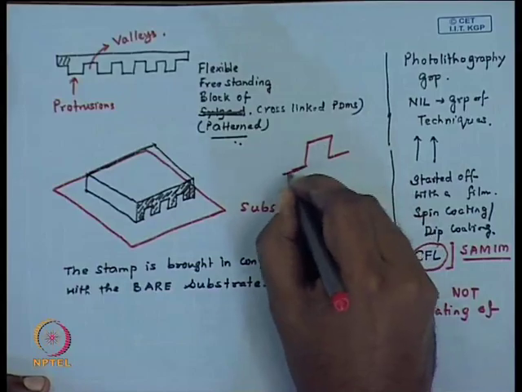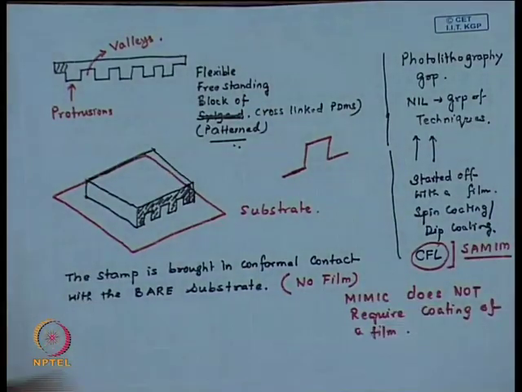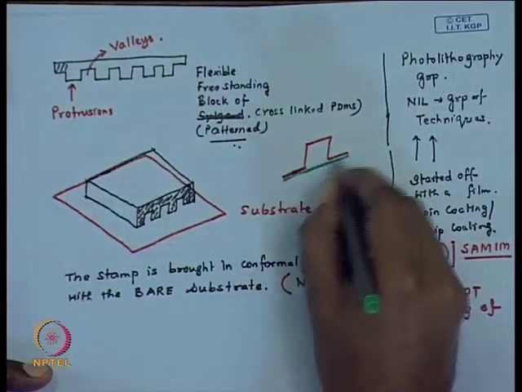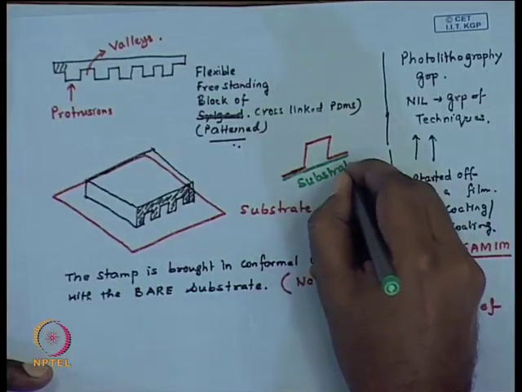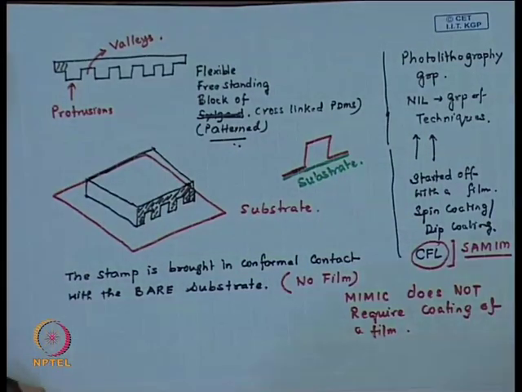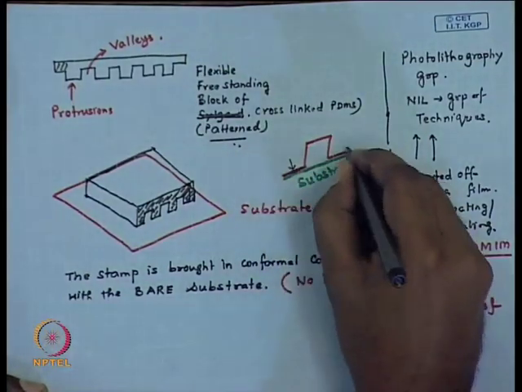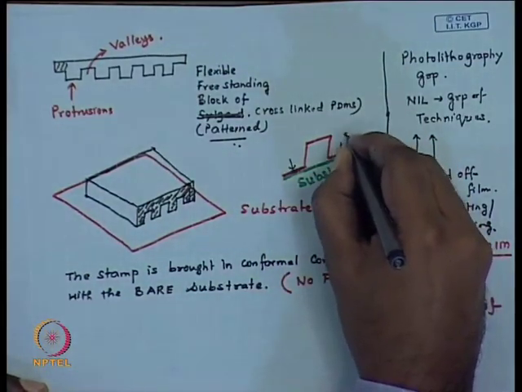So, if this is in contact with the substrate, this is the area that corresponds to the stamp protrusions.